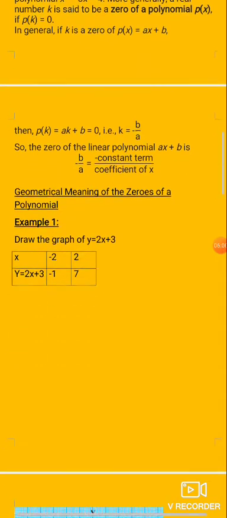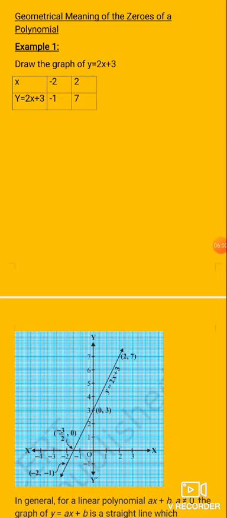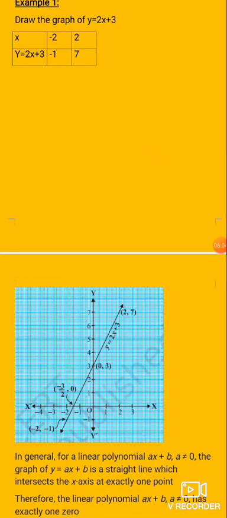Now we need to draw the graph. Okay, so the graph, listen carefully. We need to draw the x-axis and also the y-axis. And you know, in 9th class we have studied how to plot the points. If x is equal to minus 2, the corresponding value of y is what? y is equal to minus 1.